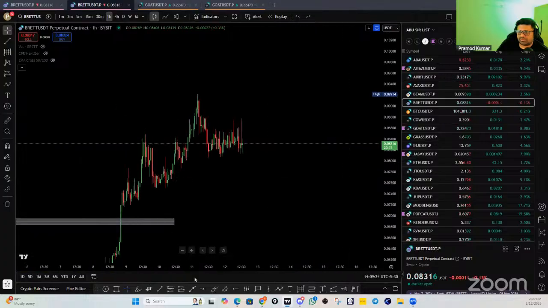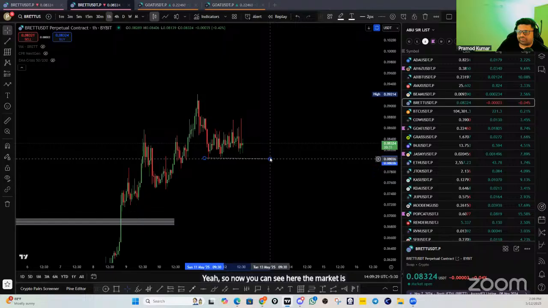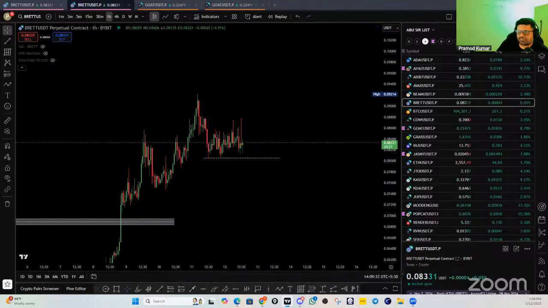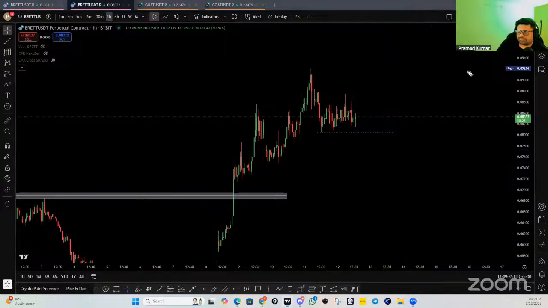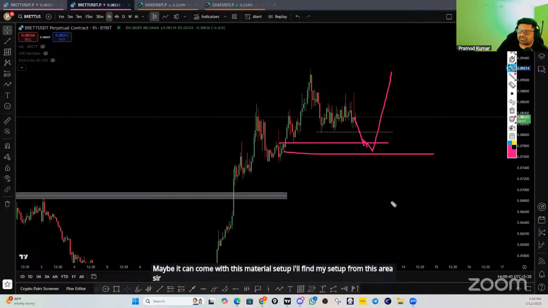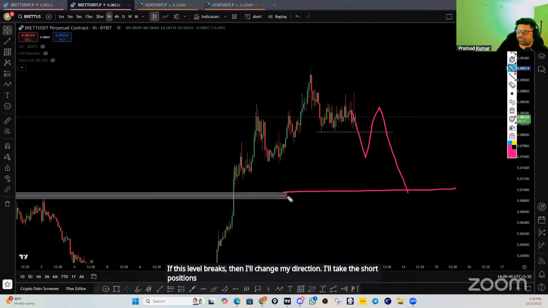So now we can see here the market is rejecting from this place. Maybe it can come to my trade setup. I'll find my setup from this area, sir. My target is 3 cents. If this level breaks, then I'll change my direction and take the short positions till here.